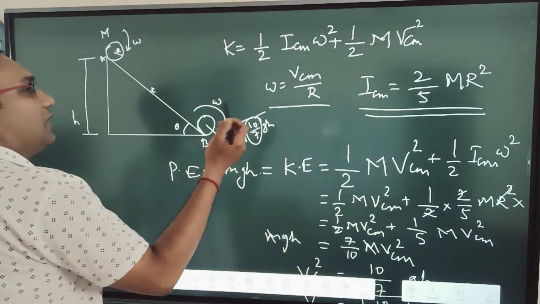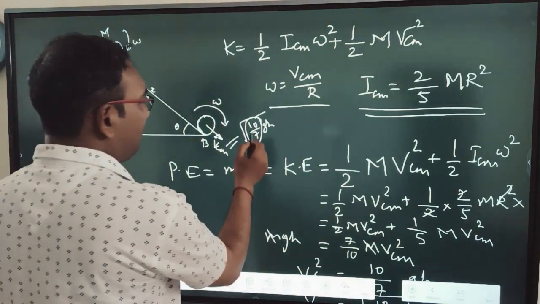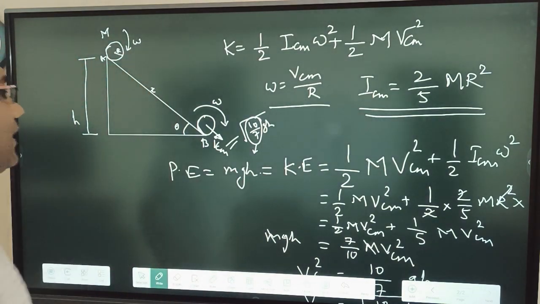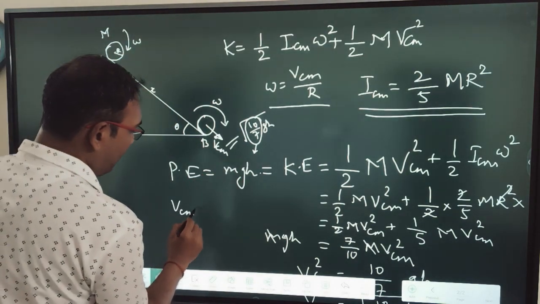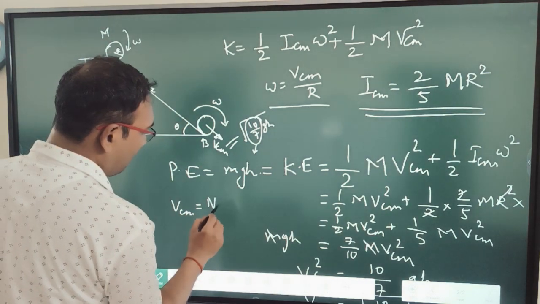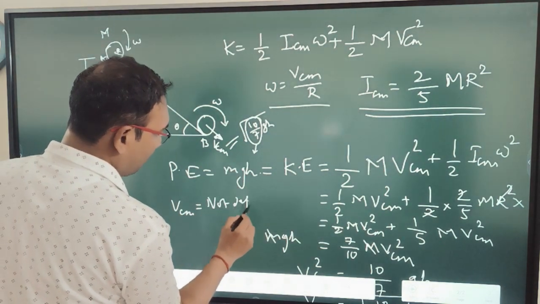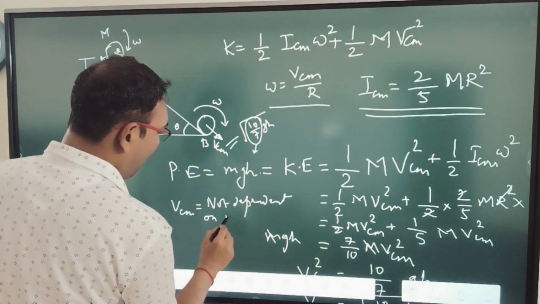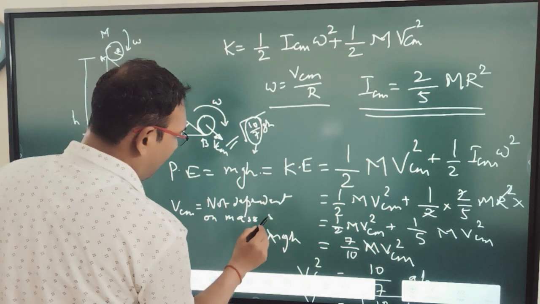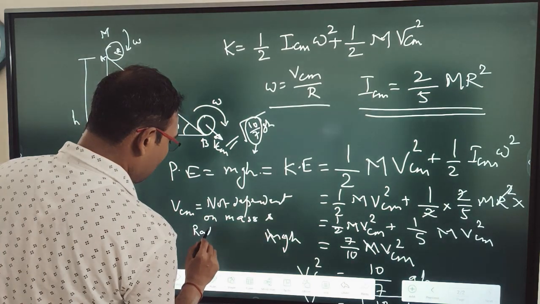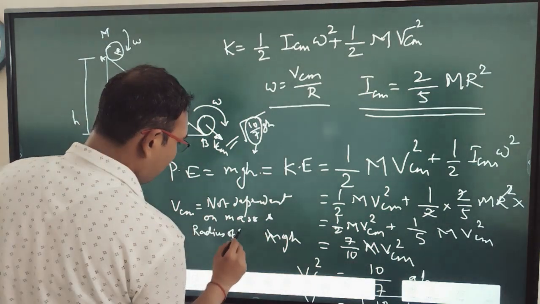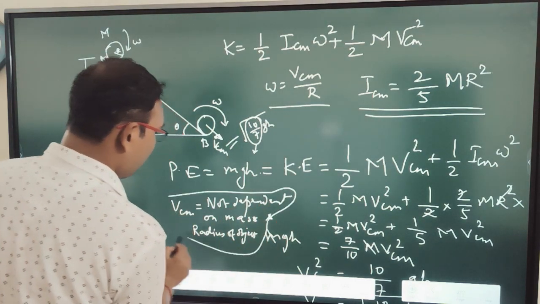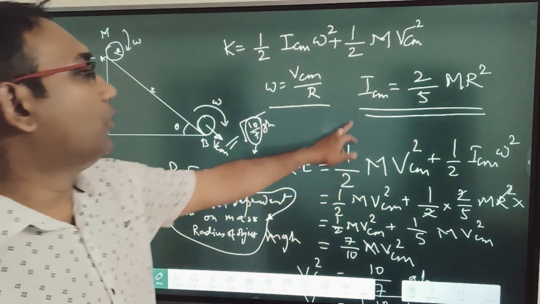If it's cylindrical, it will be a different factor. So this 10 by 7 is dependent on the moment of inertia about the Z axis, but VCM is not dependent on the mass and radius of the object. That's very interesting. It's dependent on the factor due to the moment of inertia.